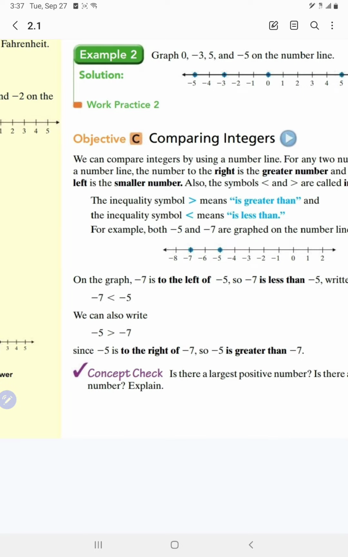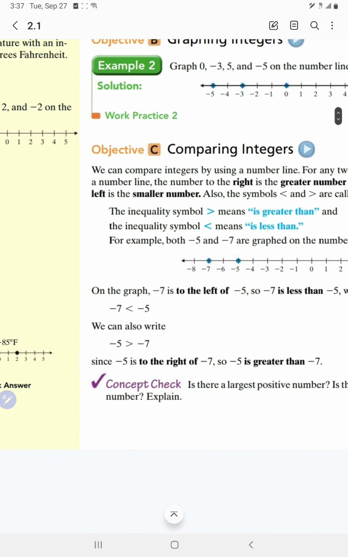In comparing numbers, we've been used to, for example, comparing 7 and 5 before integers.